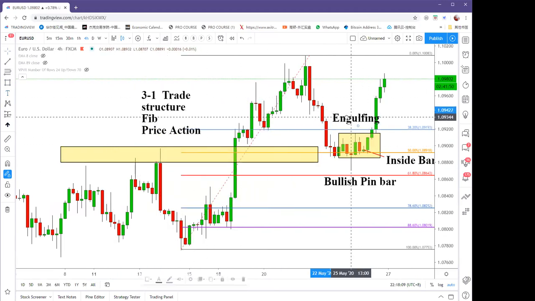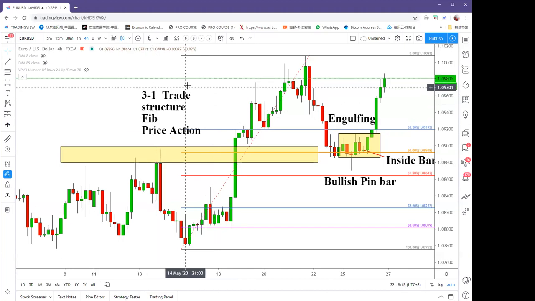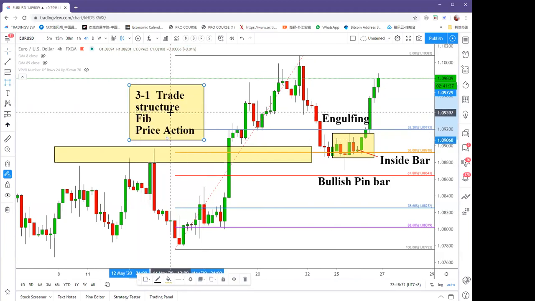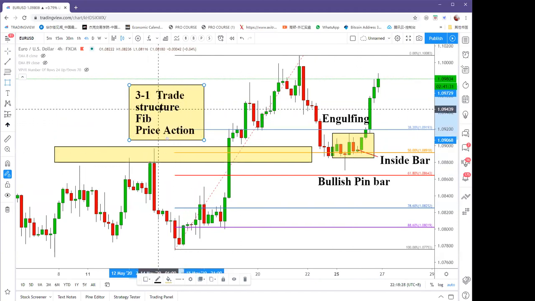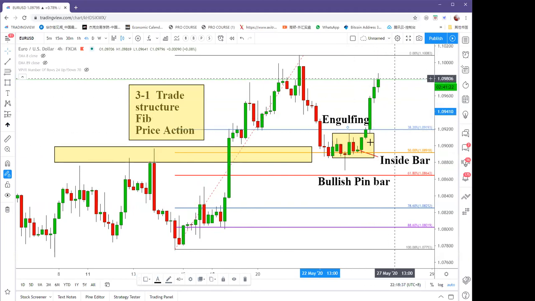Almost 99% of those successful trades that I gave in previous years, if one trade has these three, structure, Fibonacci, and price action, coming into one, and all of the reasons support this buy, you should go for it, and the result is actually very good.